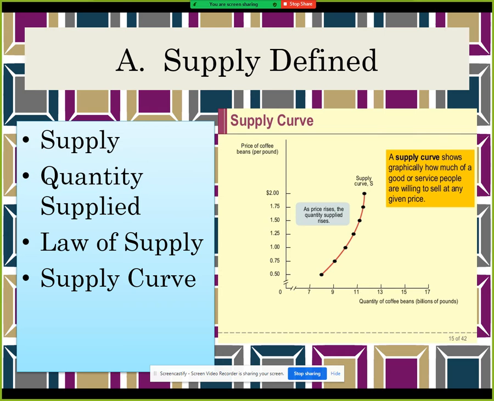And it shows us this positive relationship. Because it's showing this positive relationship, what is the supply curve going to look like? It's going to be angled upwards. Just as demand curves slope downward, because of the law of supply, because of that positive relationship, supply curves are always going to angle upward.